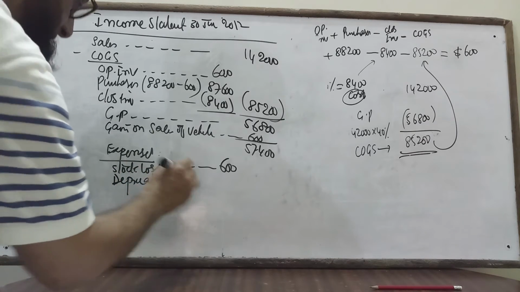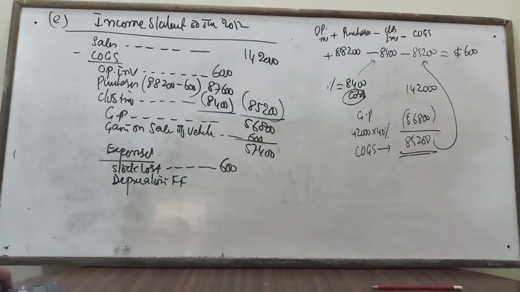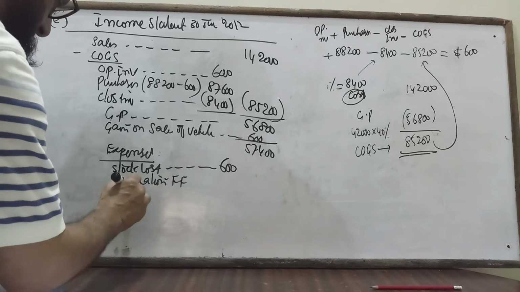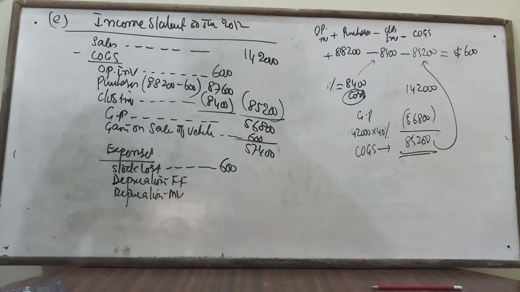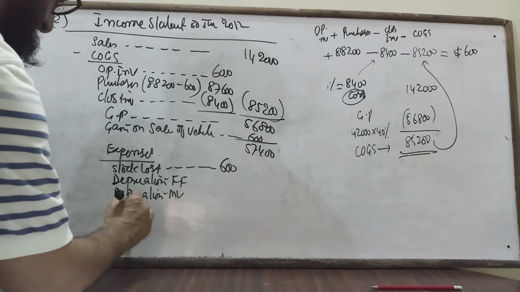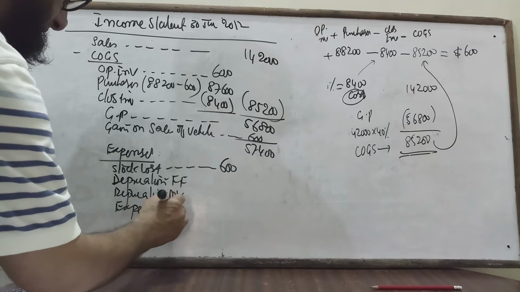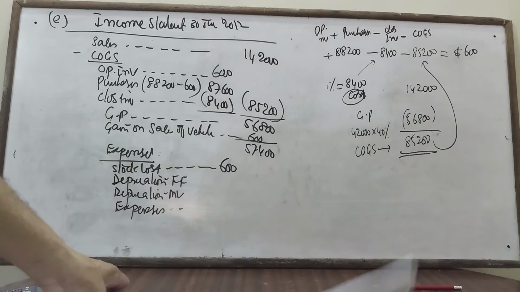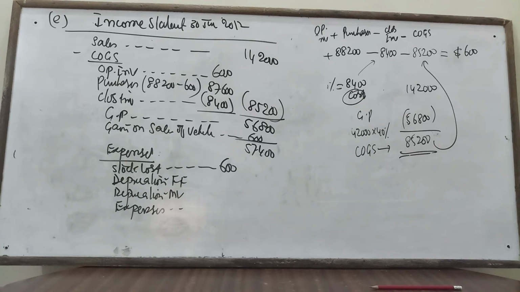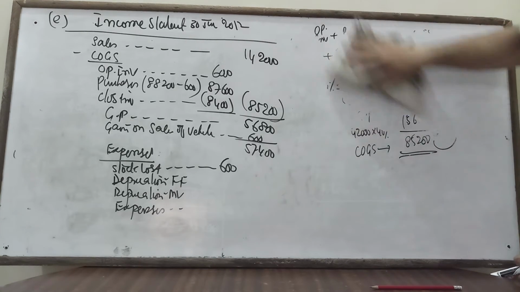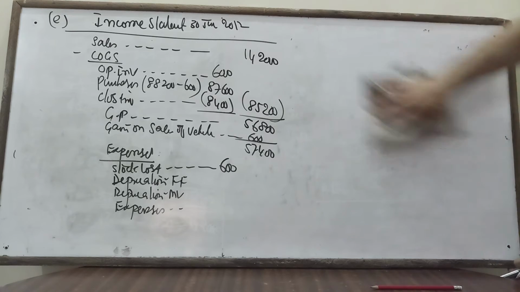We have two non-current assets given here: fixture and fittings and the motor vehicle. We have to calculate the depreciation of the motor vehicle, and there are some expenses. For this you have to show your workings. So I'm showing you the workings here for calculating depreciation, and the expense account for recording expenses in the income statement.